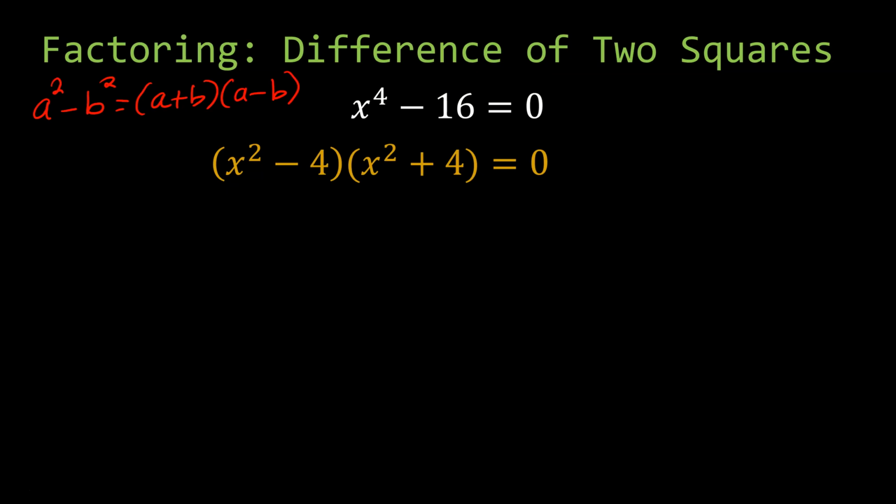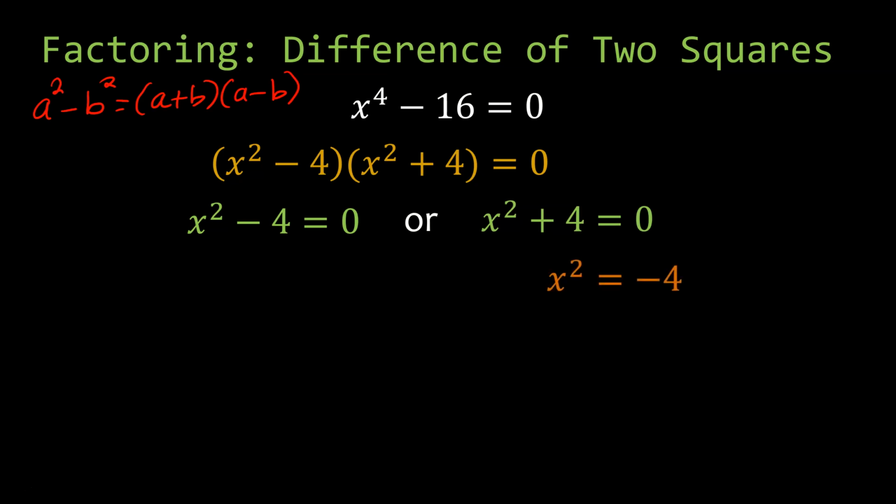I have 2 factors multiplied to each other to give you 0. So you would have to say that either x squared minus 4 is 0 or x squared plus 4 is 0. If x squared plus 4 is 0, we've seen this before. Square root both sides. I'll have absolute value of x is equal to 2i. Absolute value, I could go left or right.